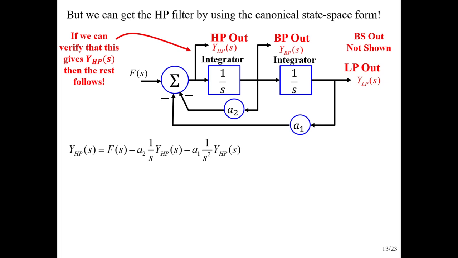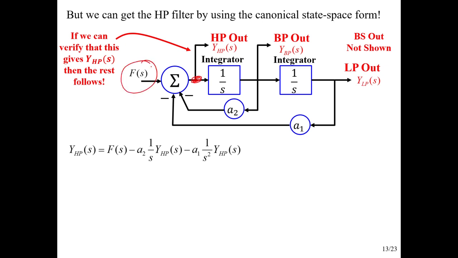So let's look at this. We need to verify that if we build this kind of thing with the proper choices of these, we can make this be the high pass output. If we can, then there's the high pass output. It gets integrated to give the band pass, and that gets integrated to give the low pass. And I just didn't show the band stop on here because it would make it messy. So what is here?